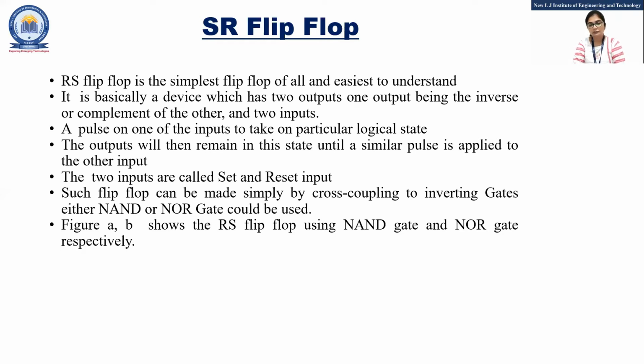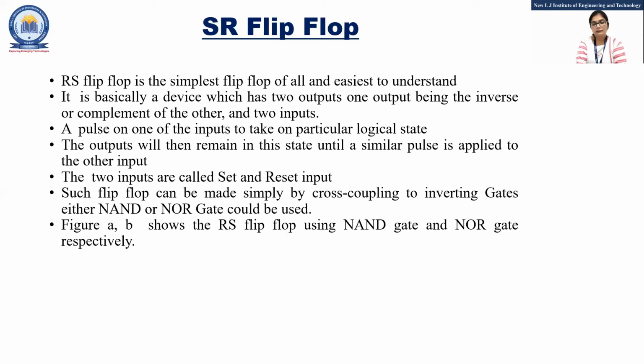The SR flip-flop has 2 inputs, 2 outputs. The 2 inputs are S and R and the 2 outputs are Q and Q dash. Q and Q dash are complements of each other. So it has 2 stable states, we can say this way also.